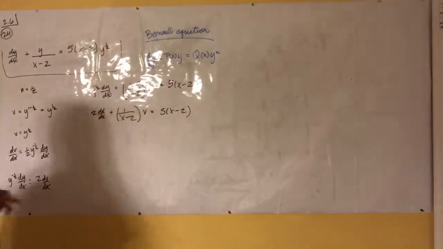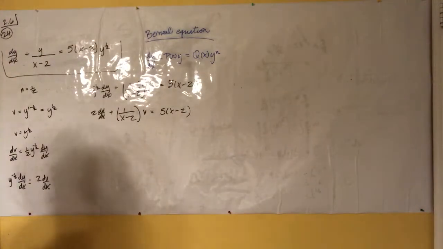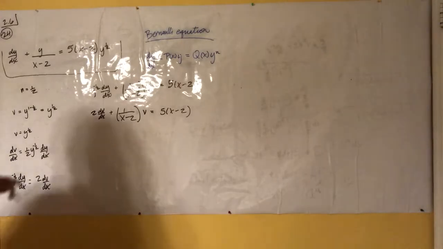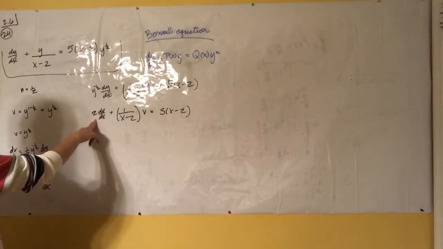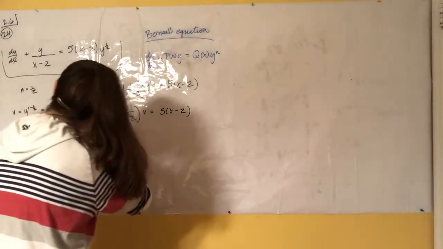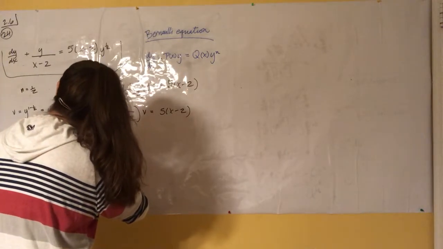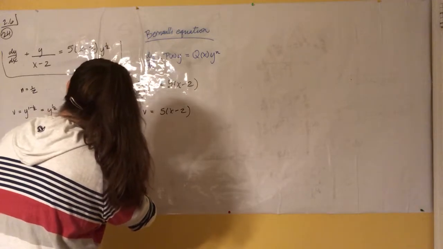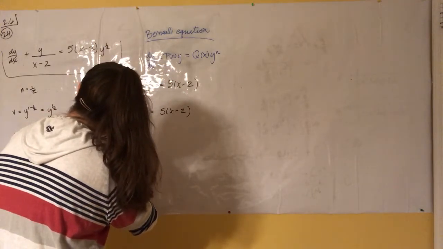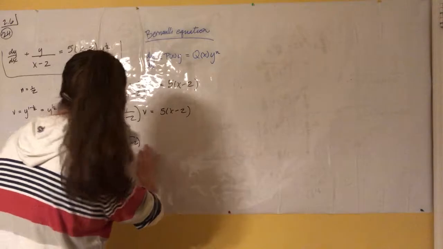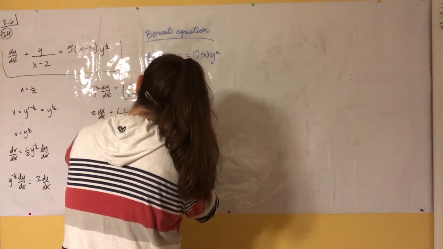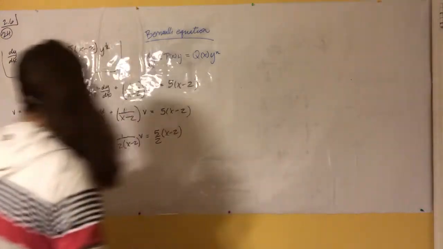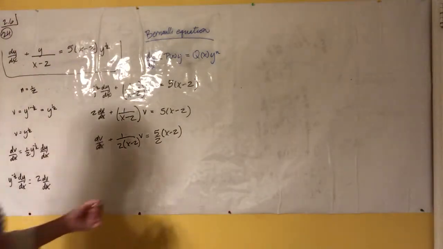Okay, now it's almost a linear equation. You just gotta do one more thing. Divide everything by 2, because you want to get rid of that coefficient in front of the dv/dx. Now you have a linear equation.